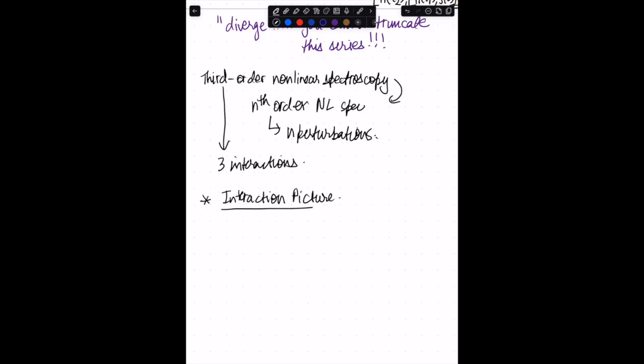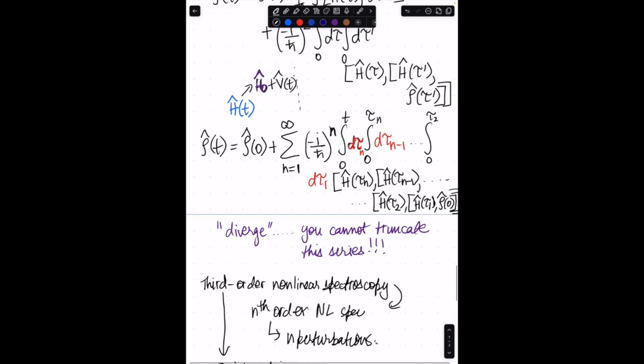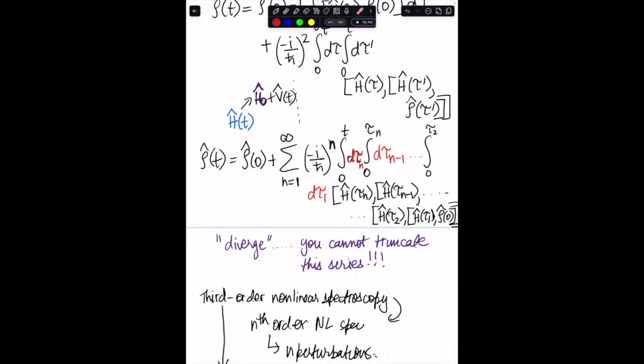So what motivates the use of the interaction picture is that we want to derive a similar series as that shown above in V. As you have seen above, the series which we have derived is in terms of the full Hamiltonian.